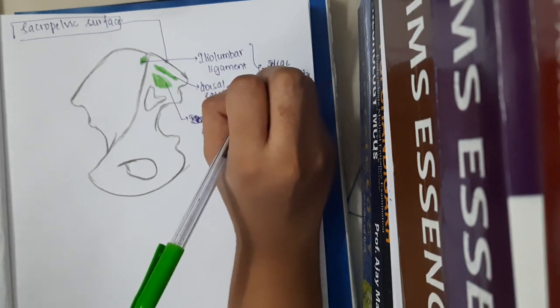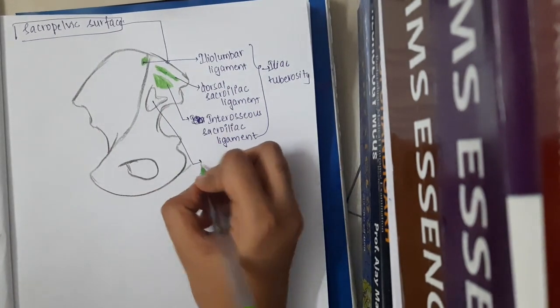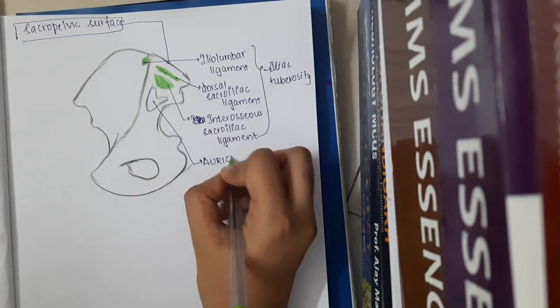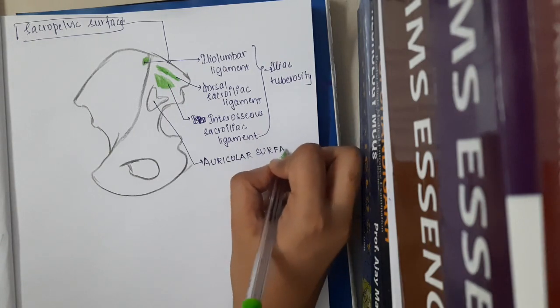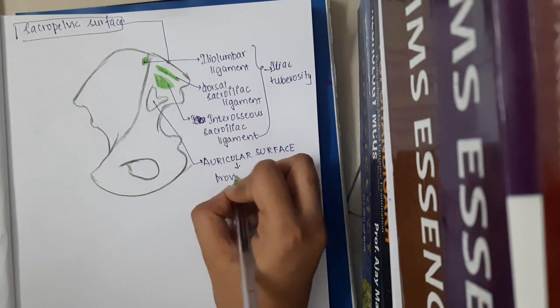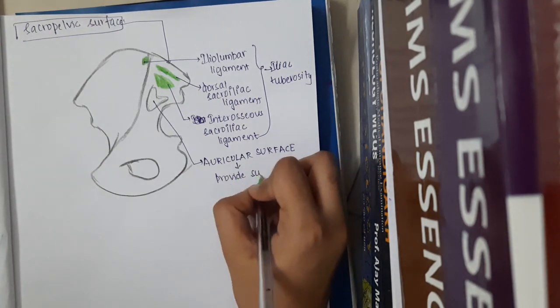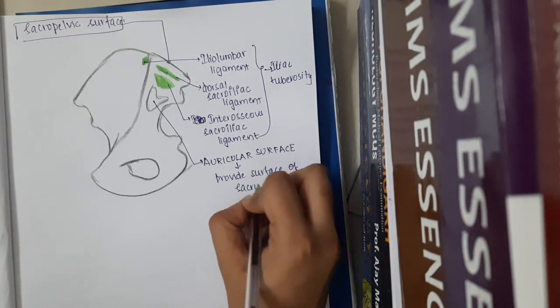Then we also have one more thing which is called the auricular surface. What does this auricular surface do? As the name says, this auricular surface provides the surface for articulation of the sacrum to form the sacroiliac joint.